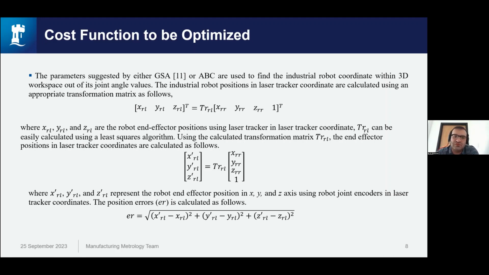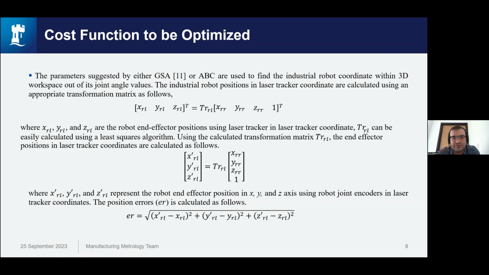We need to find a coordinate transfer to convert the coordinate of the forward kinematic of the industrial robot to the coordinate of the laser tracker. And then we find the error between the positions which are given by the forward kinematic as well as the positions given by the laser tracker.